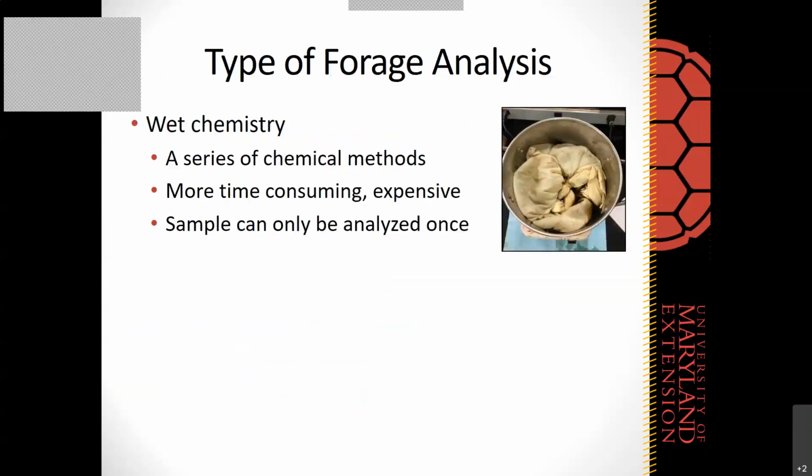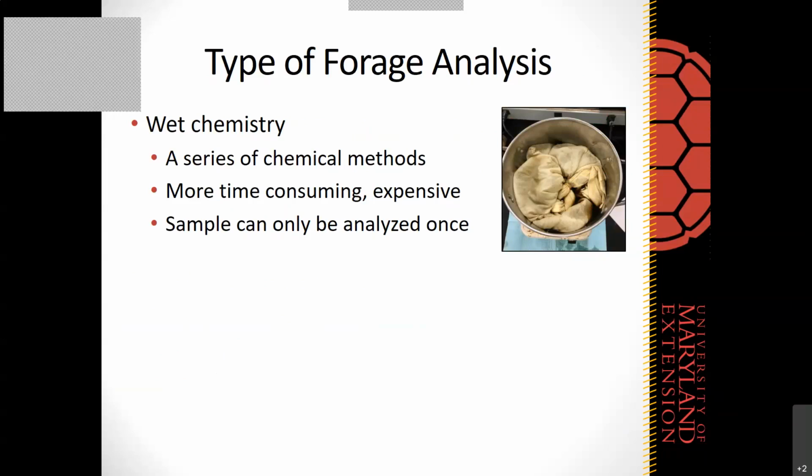When it comes to the type of analysis, there are two main types of forage analysis. The first is the traditional, more complex method, referred to as wet chemistry. It's a series of chemical methods done on the sample that involve boiling the sample in various solutions, drying it, and burning it to find the inorganic material content.